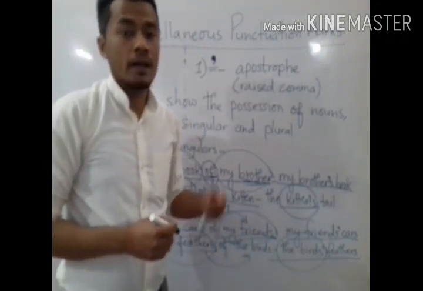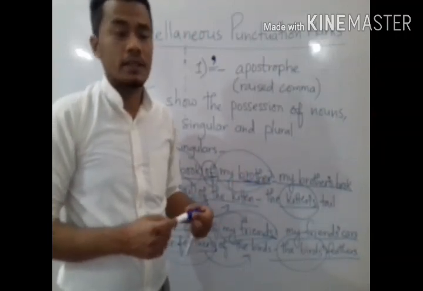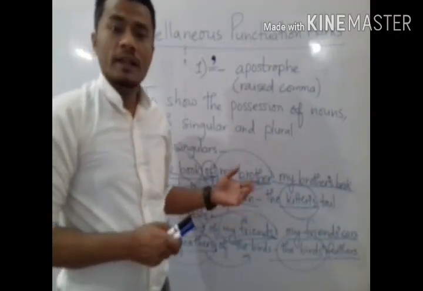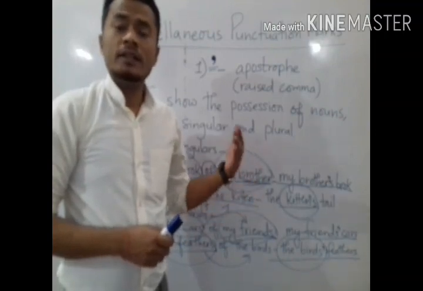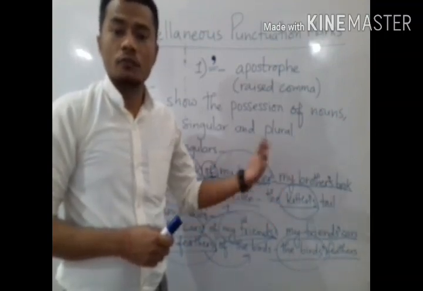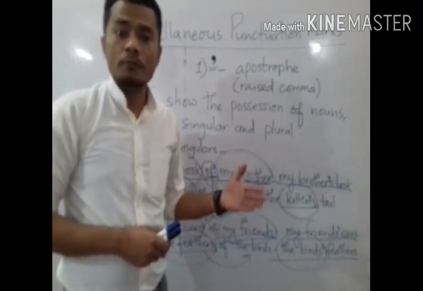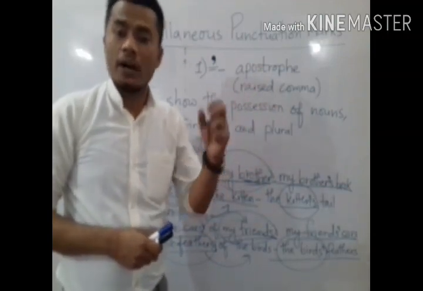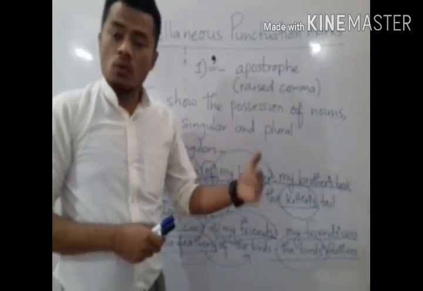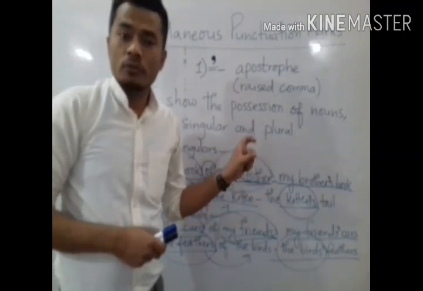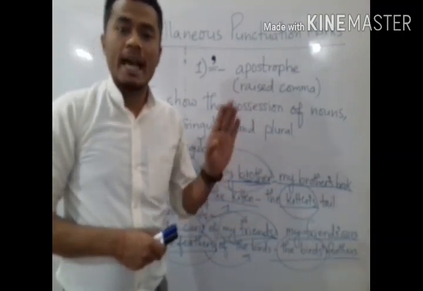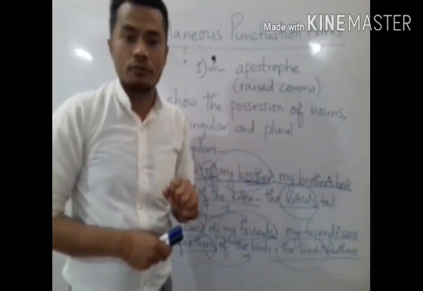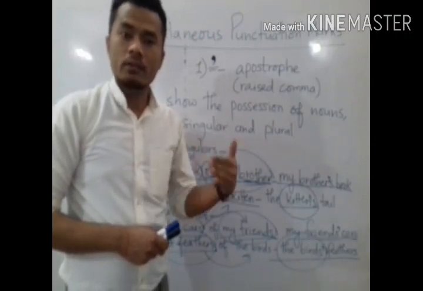Okay, but we still have some other important points to understand about the possessive case of nouns. Like I told you, if the nouns are singular, of which we are showing the possession, we have to put apostrophe s after the singular noun. If the nouns are plural, then we have to write the plural noun completely, and then use an apostrophe.